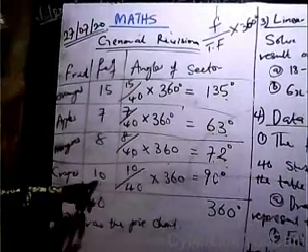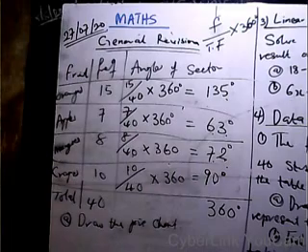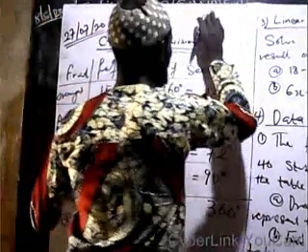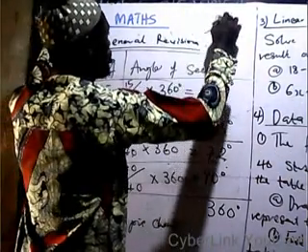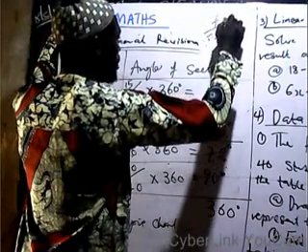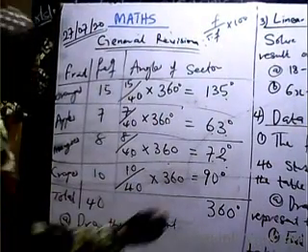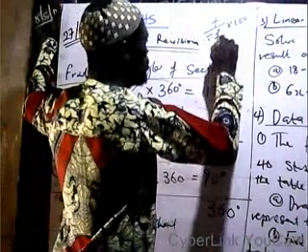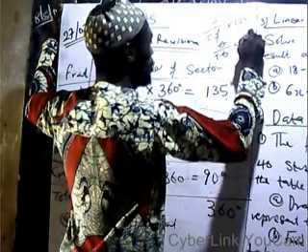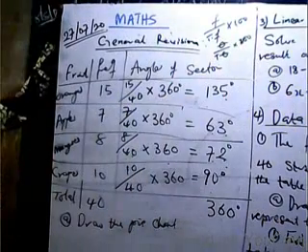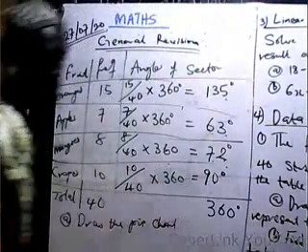If you are using frequency, you use frequency over total frequency multiplied by 100 to get a percentage. If you are using angle, you use angle over total angle, 360, multiplied by 100. What is total angle? 360. Don't forget. Either of the two, you are having the same thing.